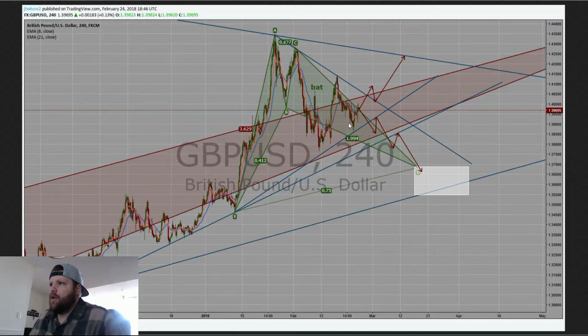Personally, the way I would trade this, if I wasn't in this already, I'd wait for a break and a retest of this trend line, and then I would enter on the retest of this trend line. I would enter again on the retest of this trend line, and I would set my take profit level for the highest point of the bat completion.